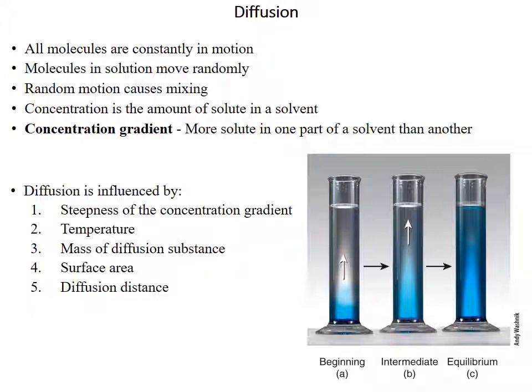One of the things you need to remember here is that all molecules are constantly moving, and that movement is a completely random pattern, so that as molecules are colliding with each other randomly in the air around you, and bouncing off of each other, moving in opposite directions, we will get this random mixing of solutions.